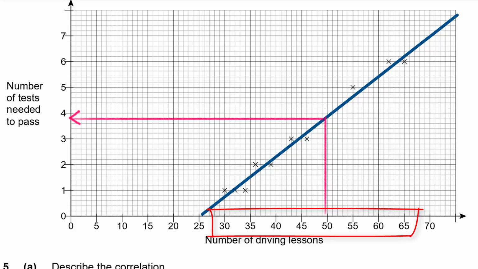What we don't have is any evidence or any data either side of that. So we've got no data for these low numbers here, and no data for anything beyond 65 lessons. Whilst the data clearly shows strong positive correlation between 30 and 65, we've got no evidence that it does either side of that range.